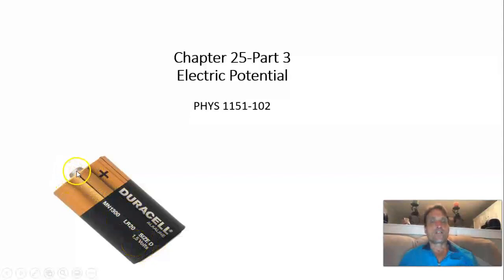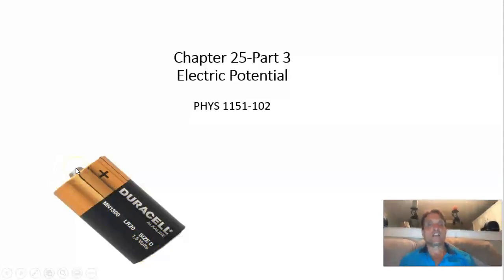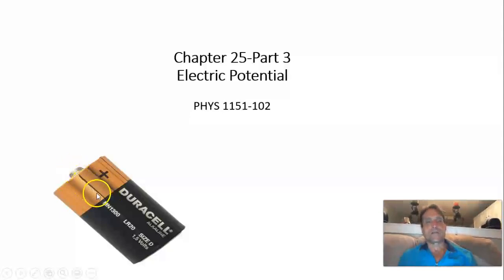Or in other words, the change in potential energy of a positive charge Q going from the plus to the minus is 1.5 joules per coulomb. It is the change in the potential energy per unit charge in going from one location to another.